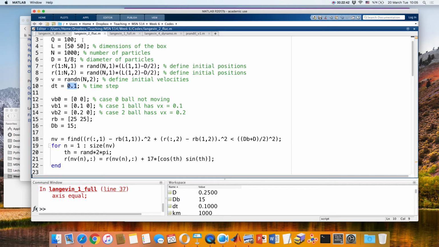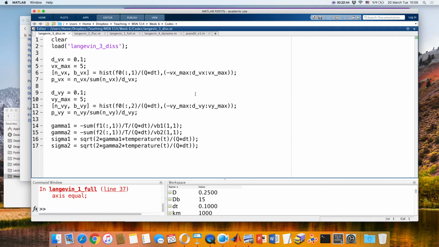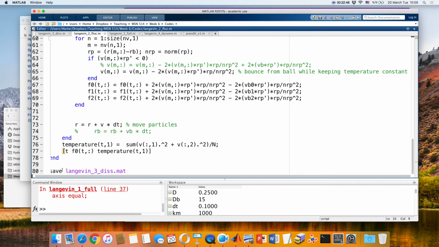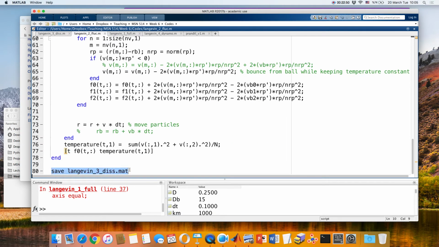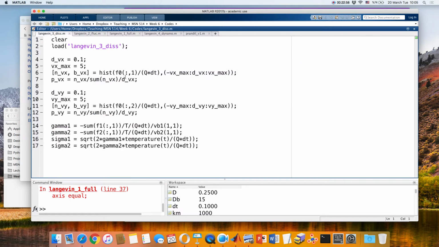Okay. I did it before, and you can see that at the end I save all the data. By the way, you can save all the data in the workspace by this line. Now I will read that data. Did you follow so far? I hope you did.